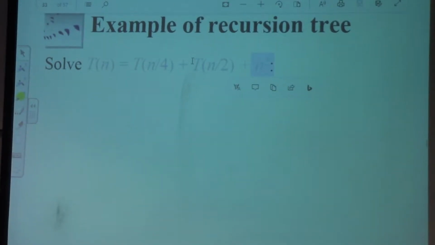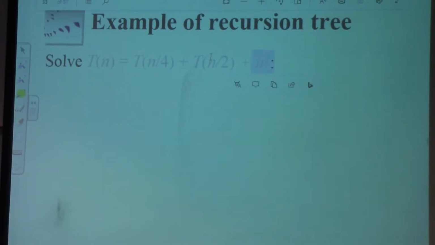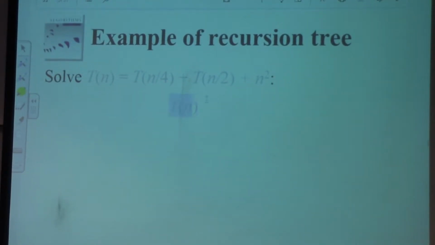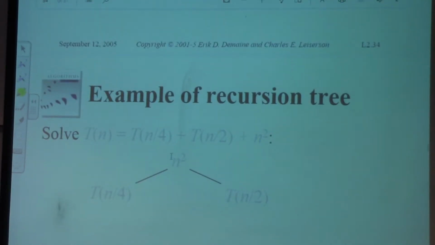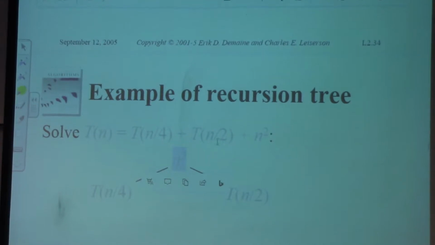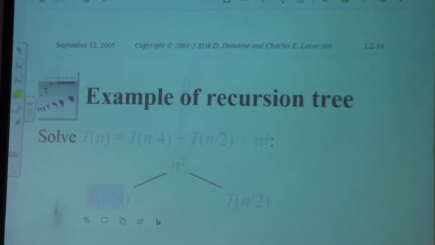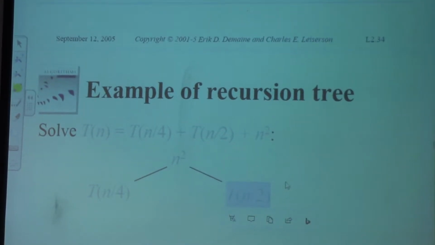So the total work done is n square, so we will write n square, and then we will split into the two occurrences T(n/4) and T(n/2).